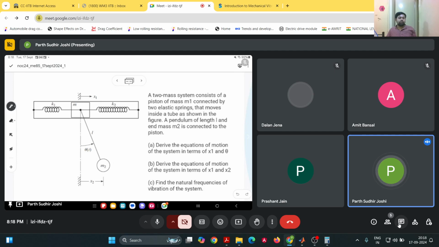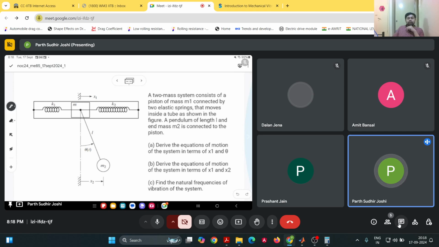Yeah, so this system has two masses. One is inside this kind of a tube, and there are two springs K1 and K2, and then there is another mass M2 which is attached like a pendulum. So it's a two degree of freedom system, right?